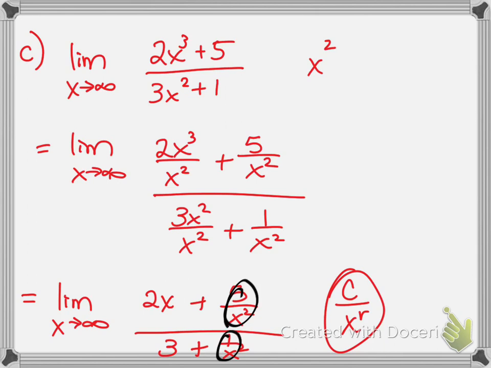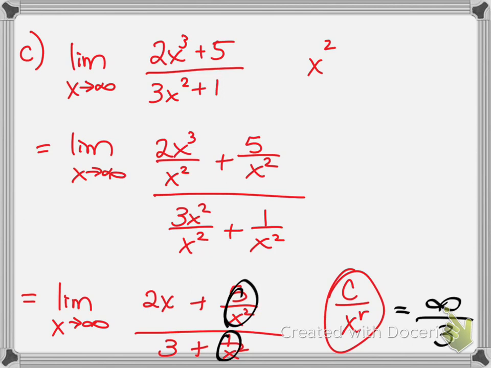And you're left with 2 times infinity divided by 3. So we would call that infinity over 3. Now we know a limit fails to exist when it's unbounded. That's one of our first things from chapter 1.